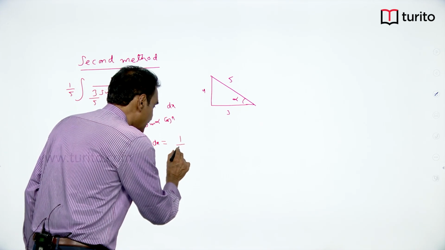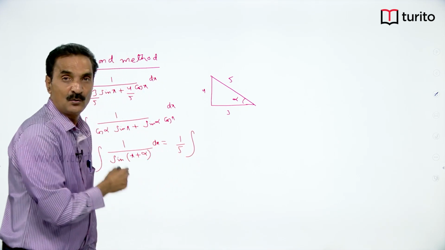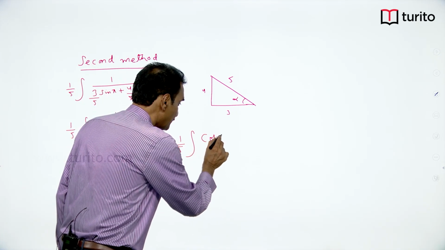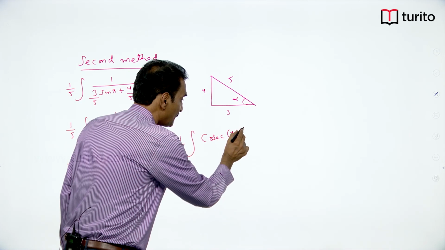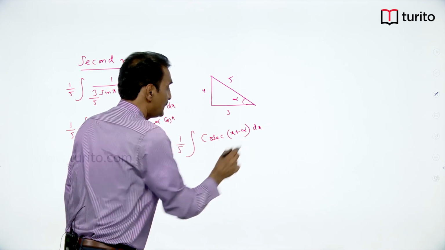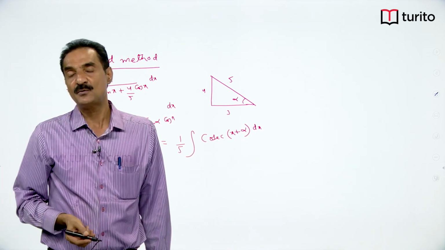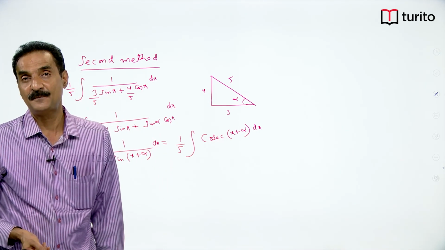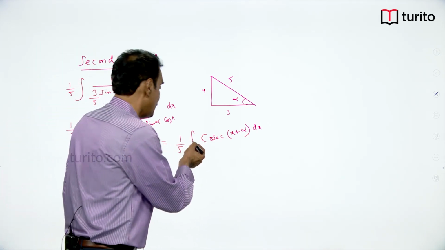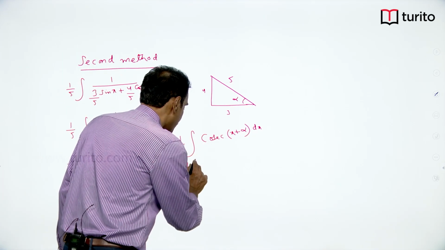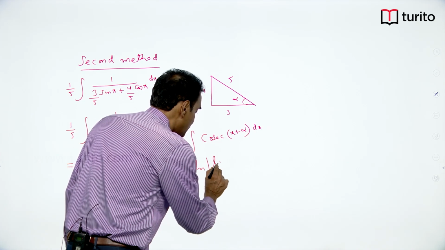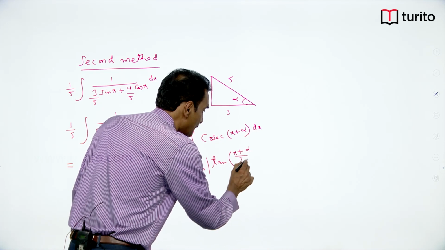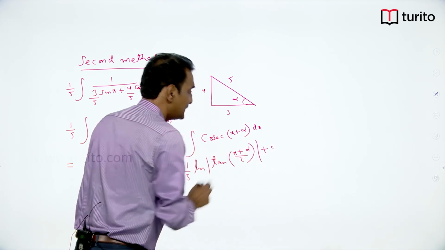1 by 5 integral cosecant x plus alpha. What is the integral of cosecant theta, cosecant x? Log mod tan x by 2. We have the formula. So, it will be 1 by 5 log mod tan of x plus alpha by 2 plus c.